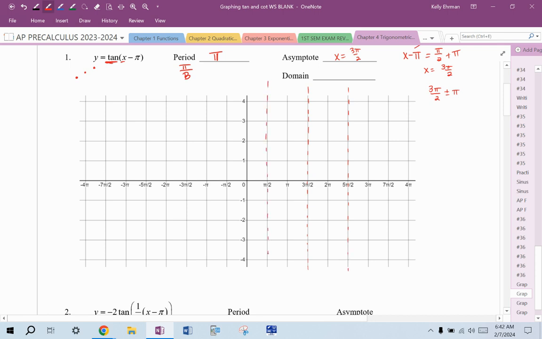But it works out mathematically too. So 3 pi over 2 plus 2 pi over 2 is 5 pi over 2, or if I subtract, I get pi over 2. So once you get that pattern, these are periodic functions. So you can draw in the rest of the asymptotes every pi units. So basically at all the pi over 2's.